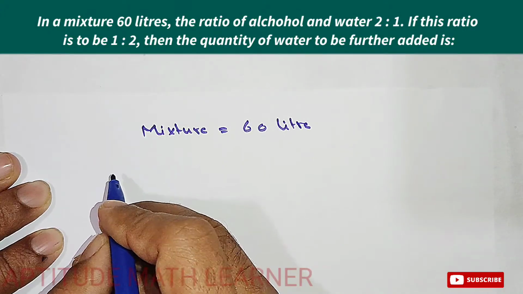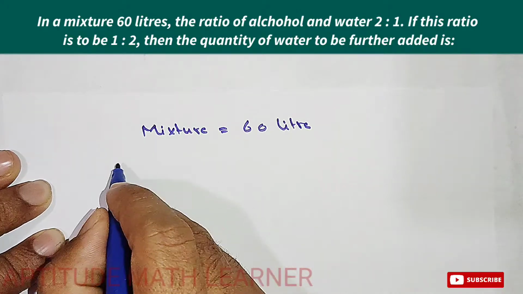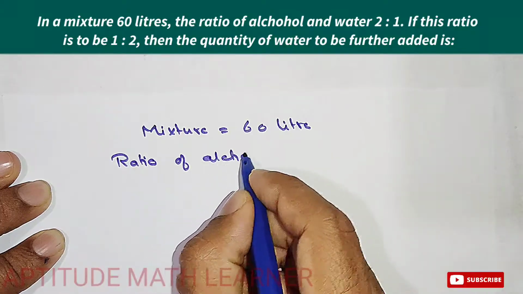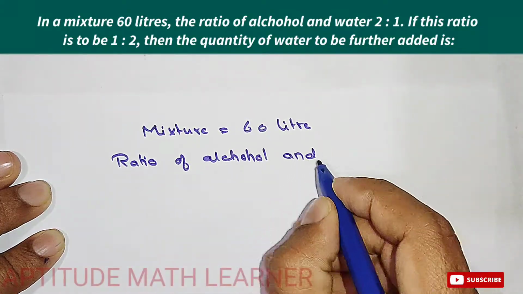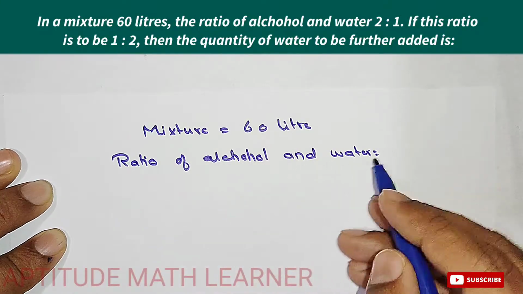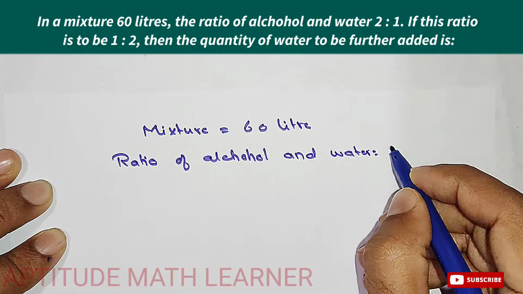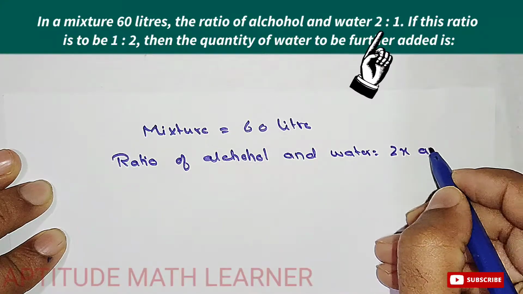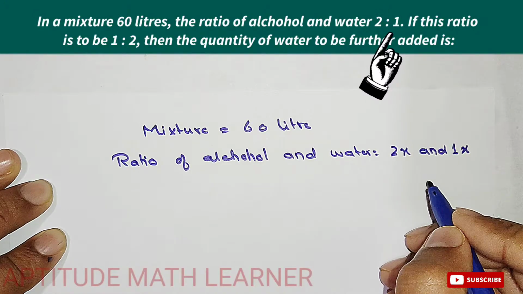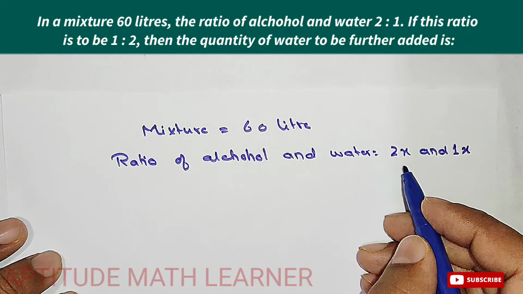The ratio of alcohol and water in the present mixture is 2x and 1x. So the first thing we have to do is find the quantity of the alcohol and water.